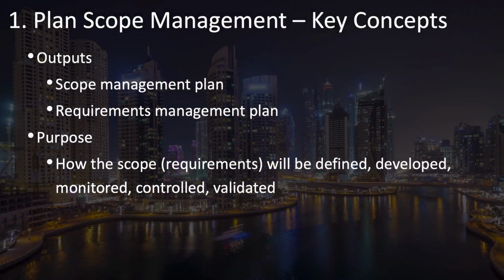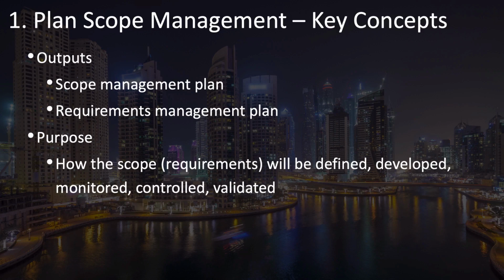Planning the scope of your project starts with plan scope management. It helps to focus on, first, the outputs of each process. In this case, the scope management plan and the requirements management plan, as well as the purpose of these outputs, which, for these outputs, is how the scope, or in the case of requirements will be defined, developed, monitored, controlled, and validated.